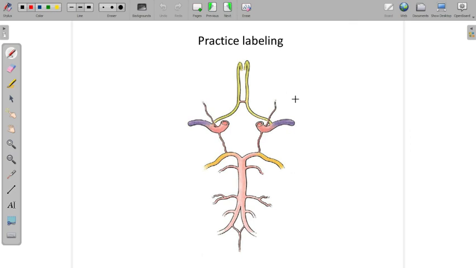These are the ophthalmic arteries. So they're going to the eye. So they come off of the circle, and then we have this anterior communicating that connects the two anterior cerebral arteries. So this is our anterior communicating.